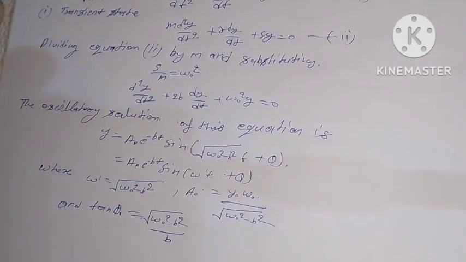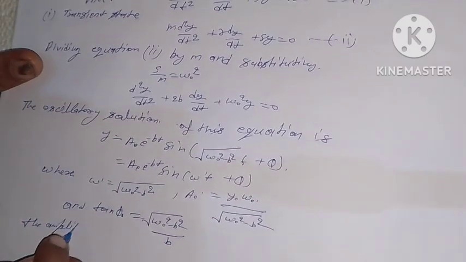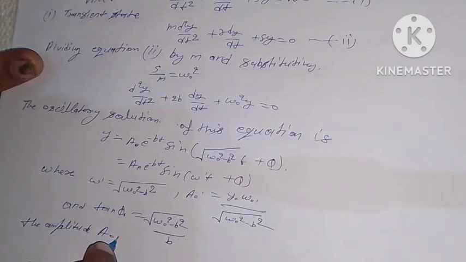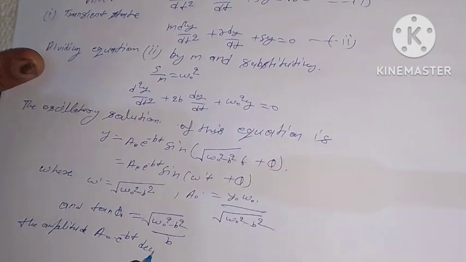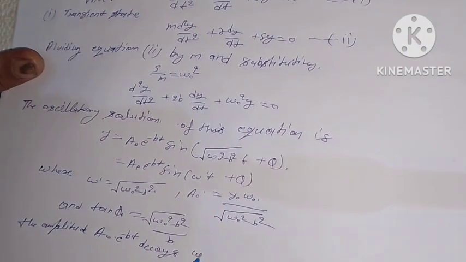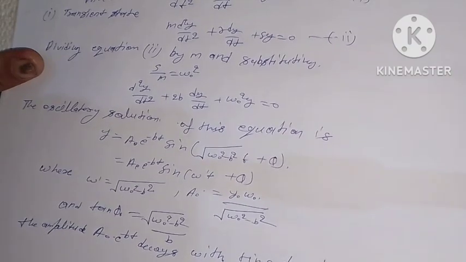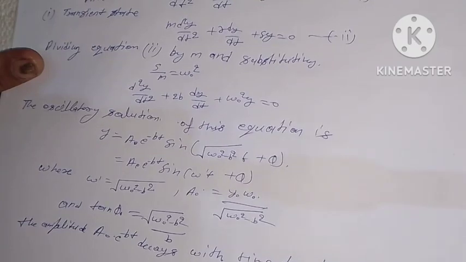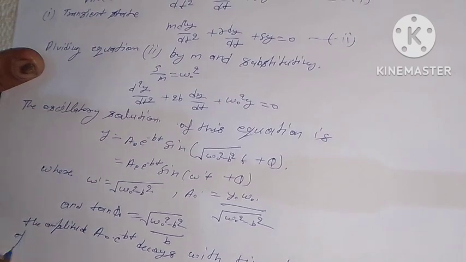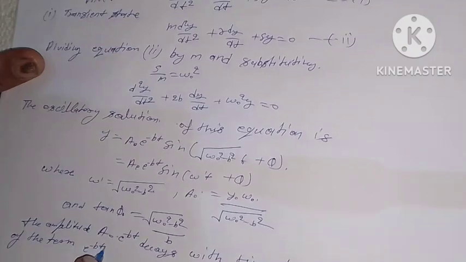The amplitude a naught e to the power minus bt decays with time due to the presence of the term e to the power minus bt.